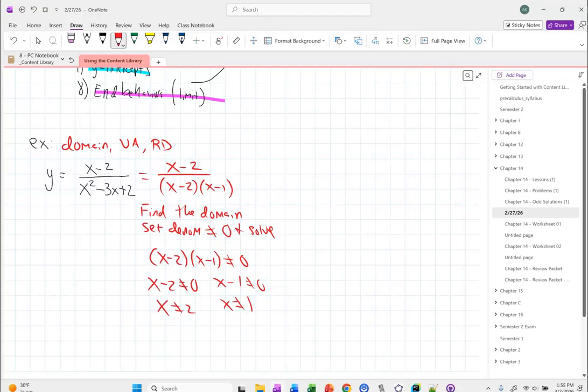Those would be the values of x that would give me a 0 denominator. So the domain cannot contain those numbers. Pretty good. Let's write this domain now using interval notation, with parentheses and brackets. So if I want everything except for 1 and 2, what are the intervals that I need then?